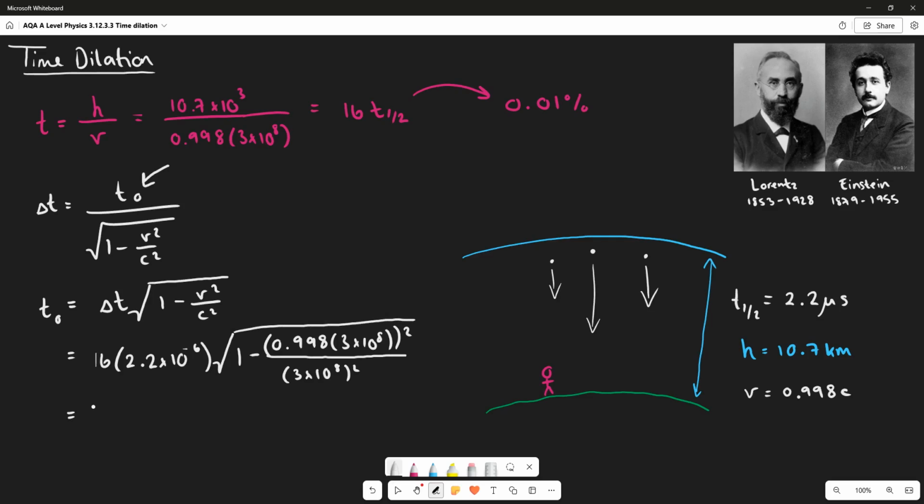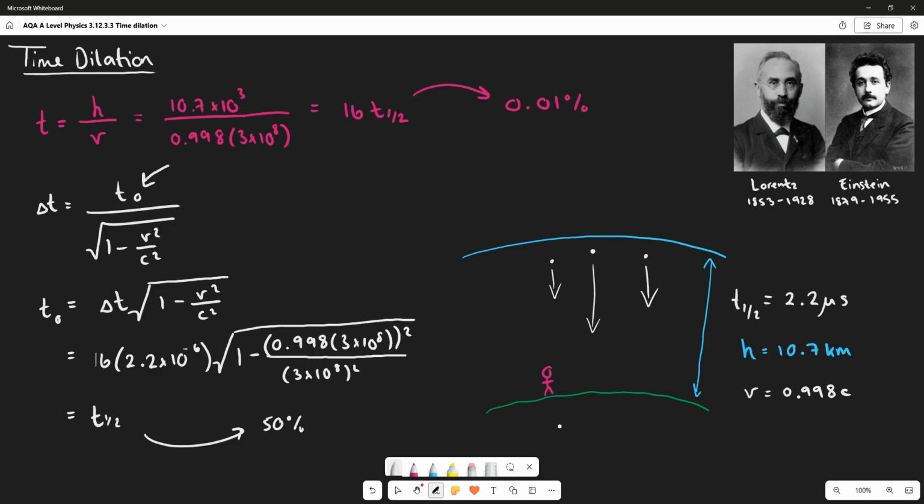We get a value for time that is approximately 1 half-life, which means that 50% of the muons that were created at the top of the atmosphere will be arriving down here at the surface.